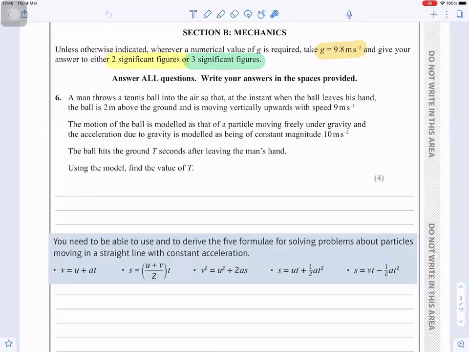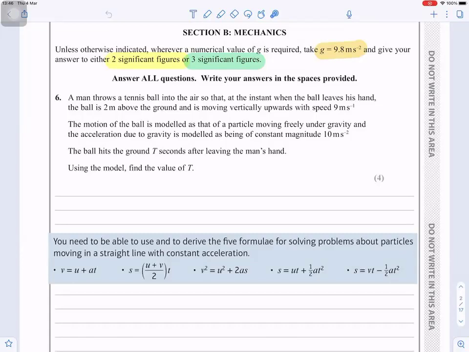The motion of the ball is modeled as that of a particle moving freely under gravity, and the acceleration due to gravity is modeled as being of constant magnitude 10 meters per second squared. The ball hits the ground t seconds after leaving the man's hand. Using the model, find the value of t.